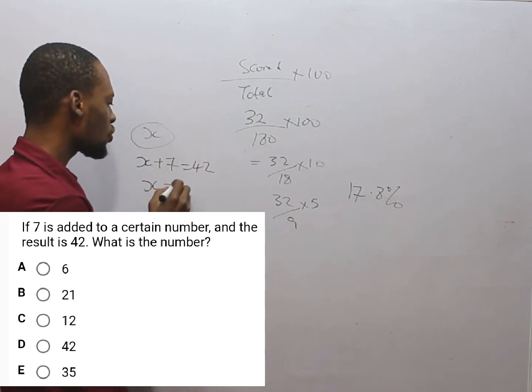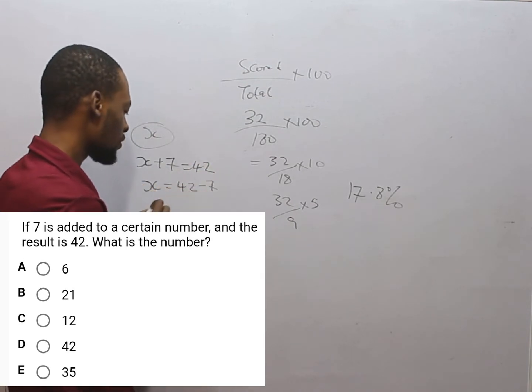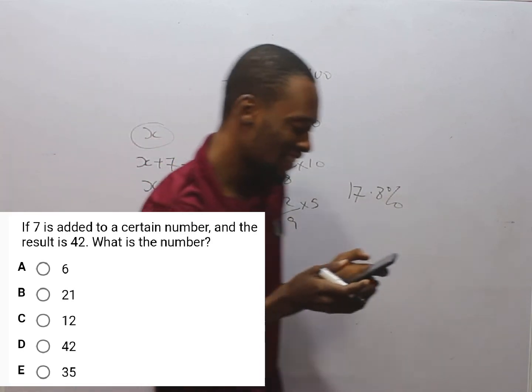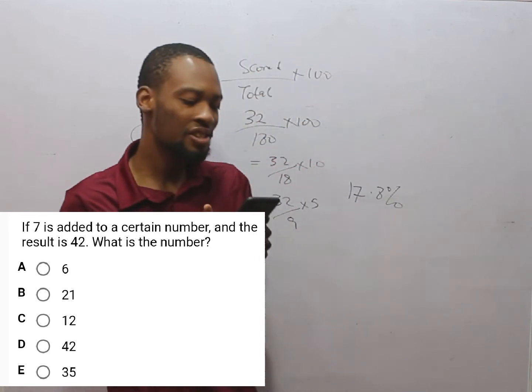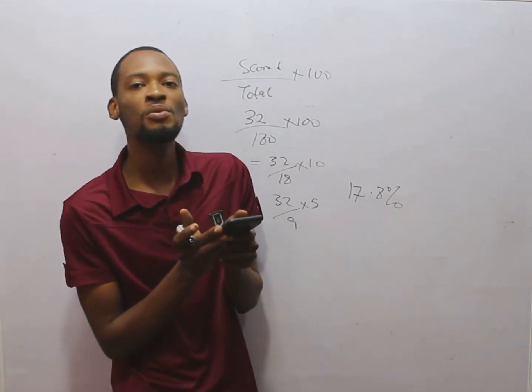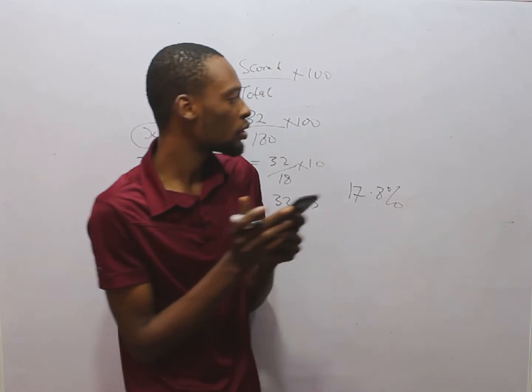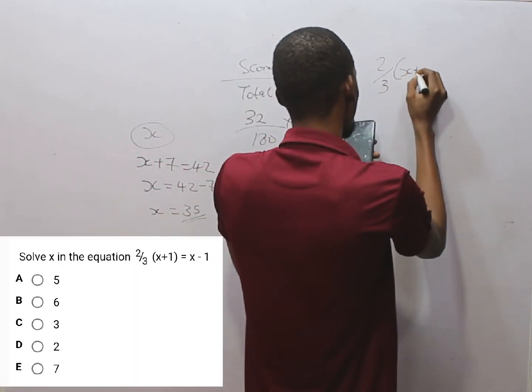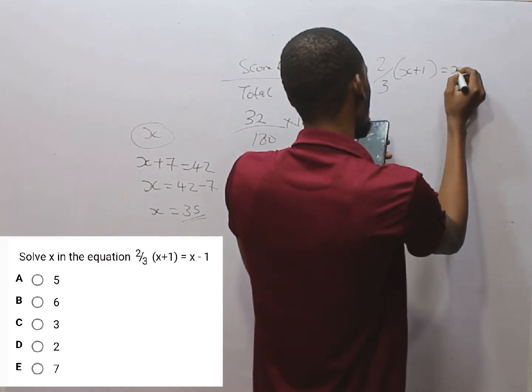Therefore, S equals 42 minus 7. S equals 35. That is the answer to that question. Pretty straightforward. And let's quickly solve this equation, which says 2 over 3 (S plus 1) equals S minus 1.